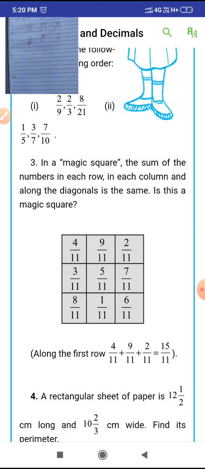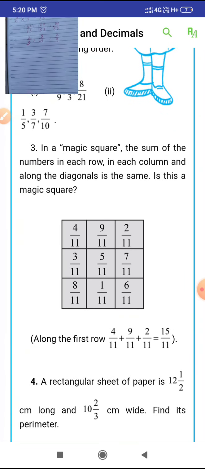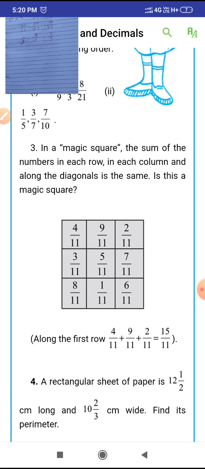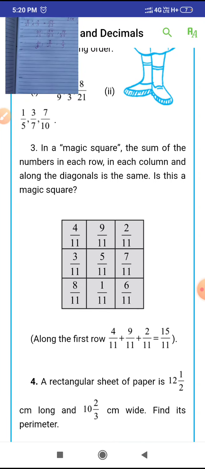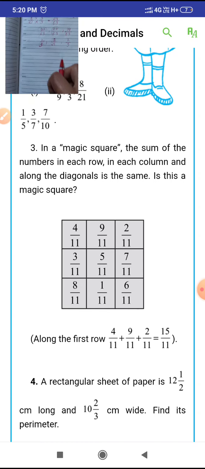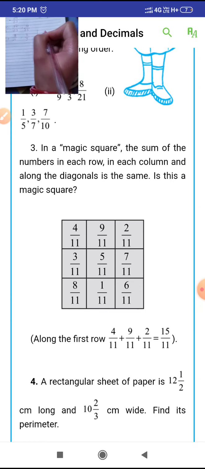Now move to our third question. In a magic square, the sum of the numbers in each row, in each column and along the diagonals is the same. For the given square, we have to find out whether it is a magic square or not. First, you should know what a magic square is.